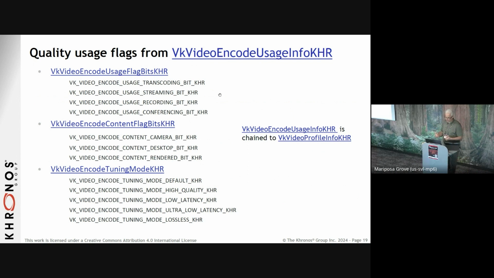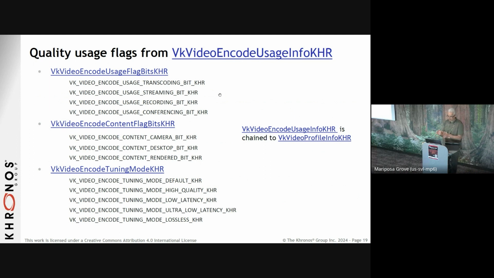In addition, you have tuning parameters where you could be more specific. You say, I want the highest quality possible, or I want ultra low latency, for example, because I'm going to do conferencing. Or maybe, if a specific encoder supports lossless, you want to have perfect images in and out, so you don't want any data quantization, for example. You could also do that.